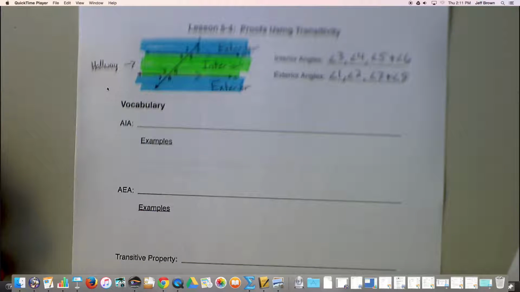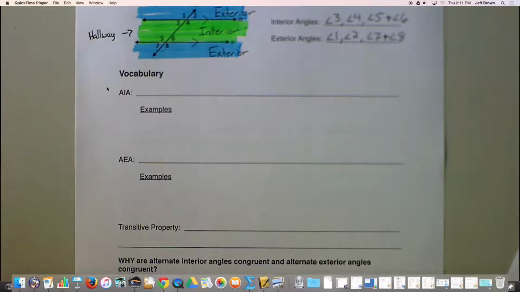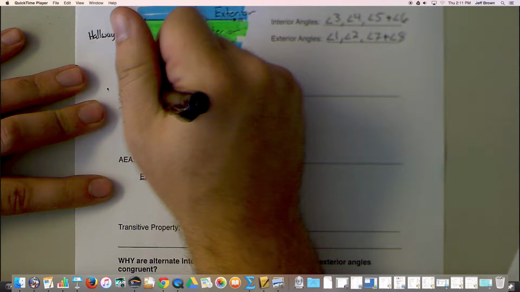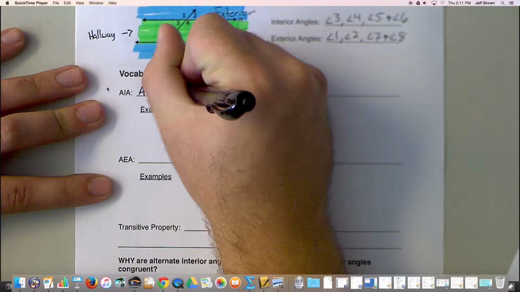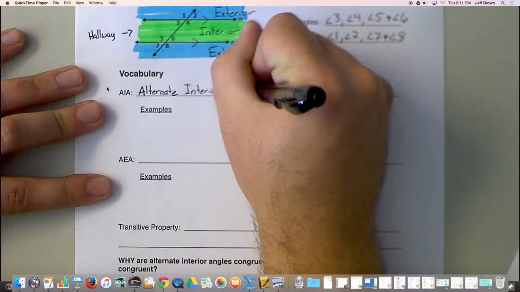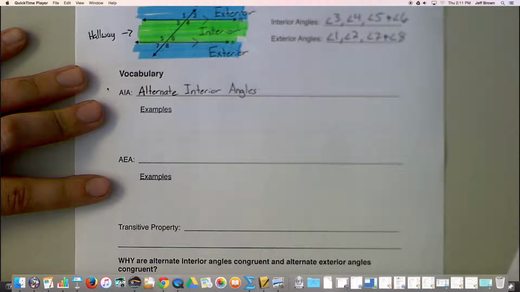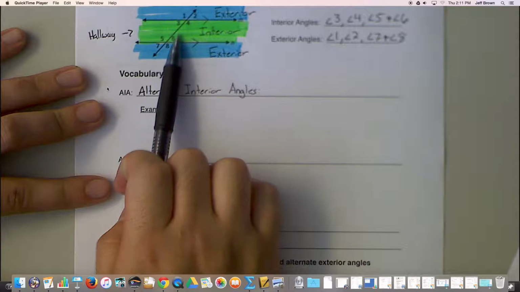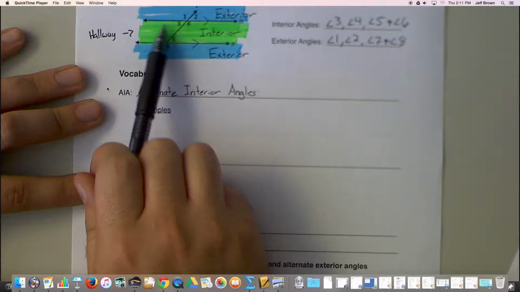Let's move down a little bit to our vocabulary section here. We have these three letters, AIA. AIA is an acronym for the term alternate interior angles. Go ahead and write that part out. What that tells us is that our interior angles are inside of our hallway, and the alternate piece means that we're on opposite sides of the transversal.